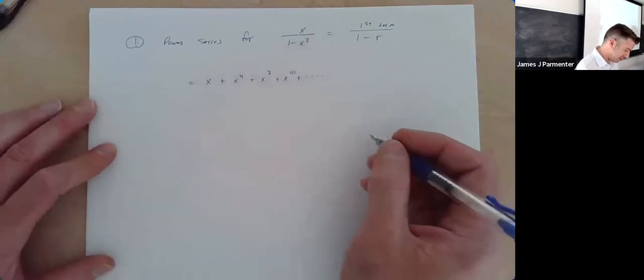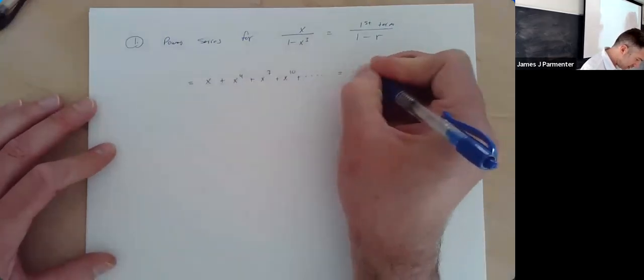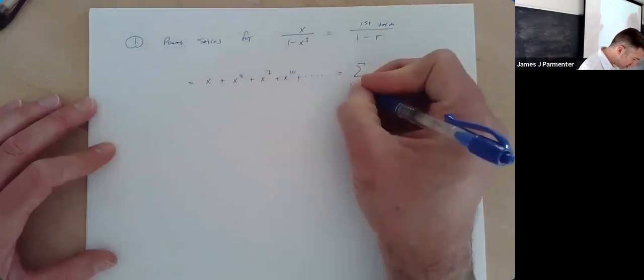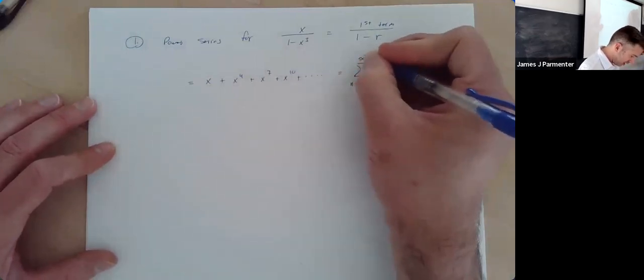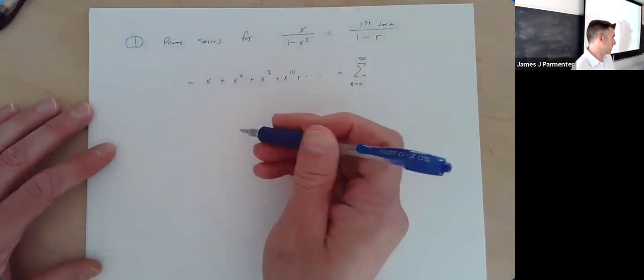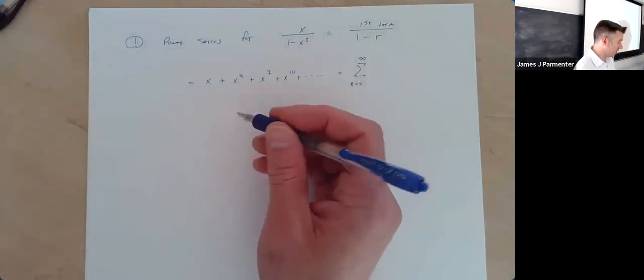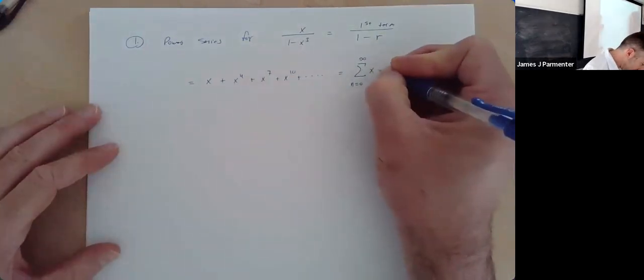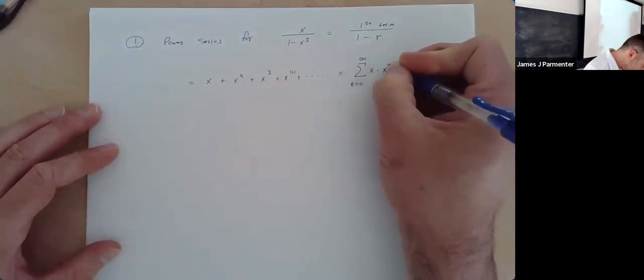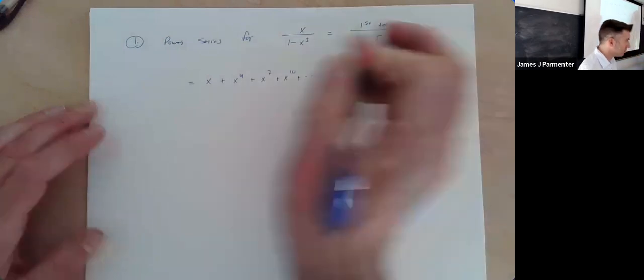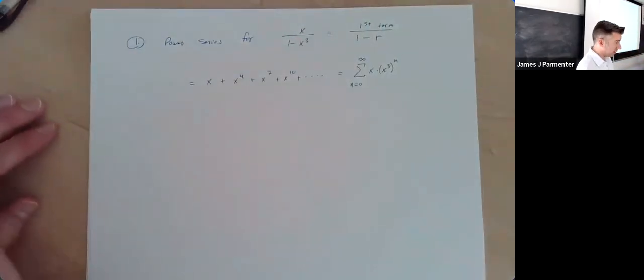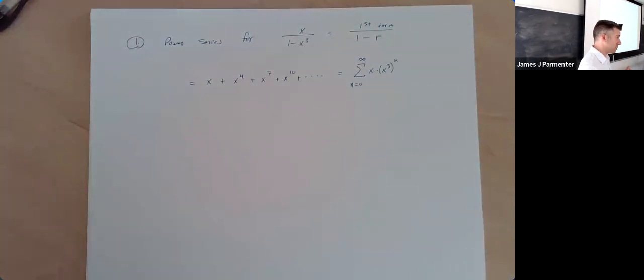Now, if I actually want to write this as a formula, it's going to be the sum. I'm usually going to start at 0. And then I know I want to start with x to the first. So I need an x, and then I need to multiply by an x to the third. So I would maybe write this as x to the first times x to the third to the n, so that every time n increases by 1, I'm going to multiply by another x to the third.